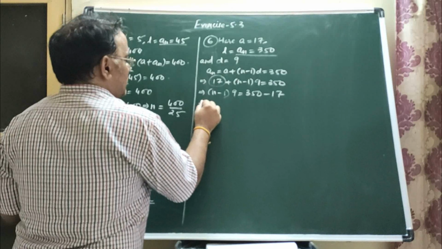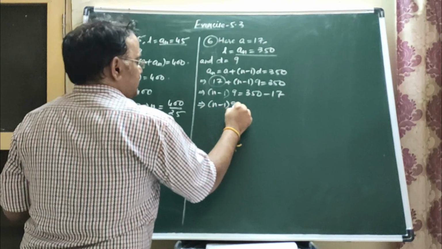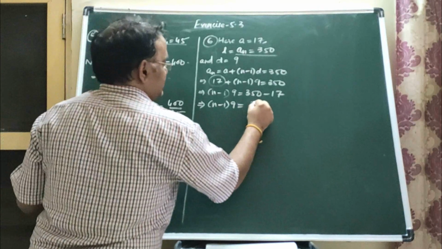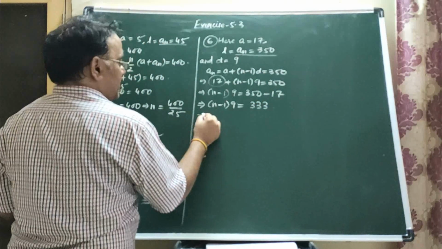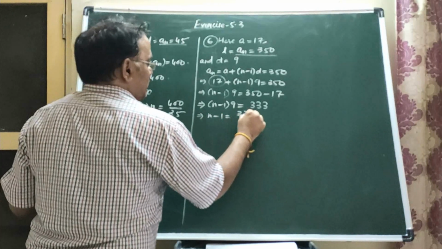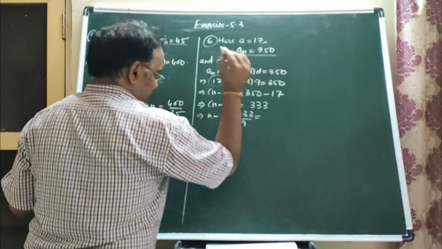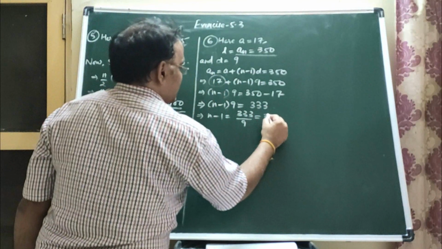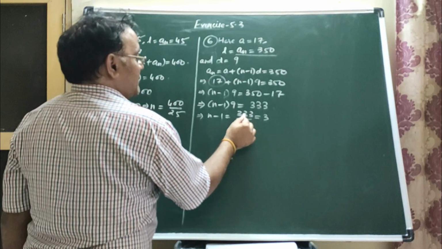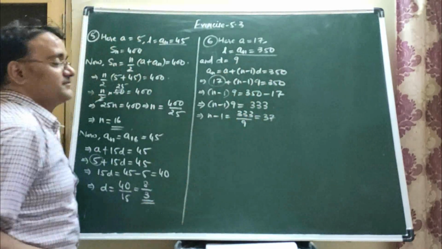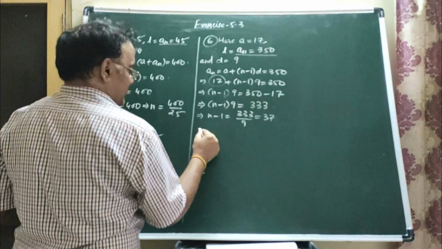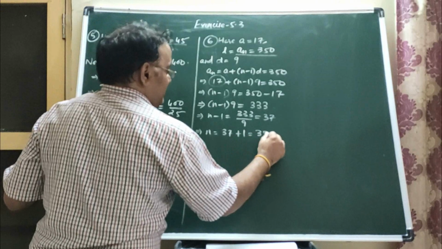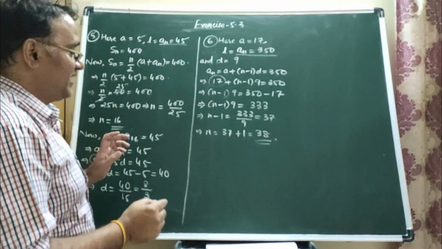How much will 350 minus 17 be? 333. So 333 we will divide by 9. So how much will we get? 37. Now we'll shift minus 1 to that side. So plus 1 will become, and we got the value of n, 38.